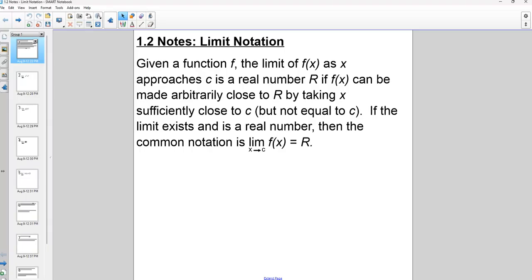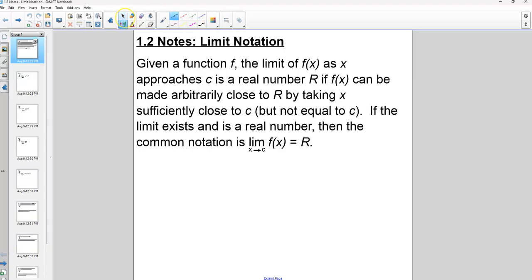We're not really going to do any limits today, just to make sure we understand how to write it and say it and what it's asking us for. Then in the next sections, we will be looking at actually finding limits, in different ways.